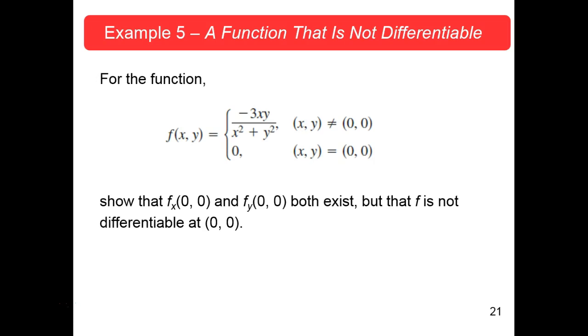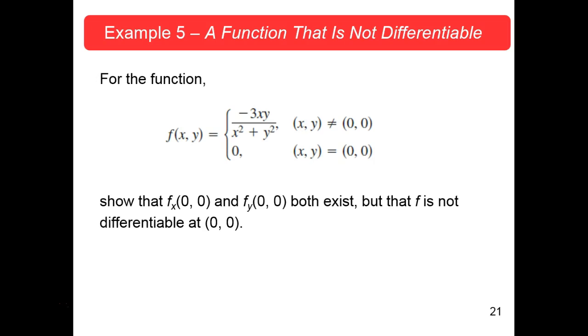For this function, f of xy, keep up with my time here. Yeah. f of xy is equal to, I have to stand up, minus 3xy over x squared plus y squared anytime x and y are not equal to 0, 0. But when they are equal to 0, 0, we're going to define that to be 0. Of course, if they're not, you can't use this because that would be 0 in the denominator.